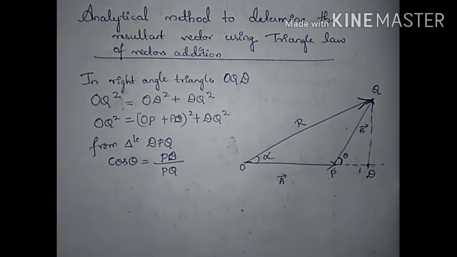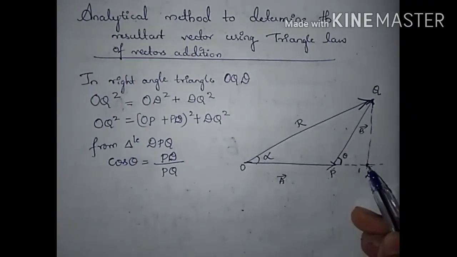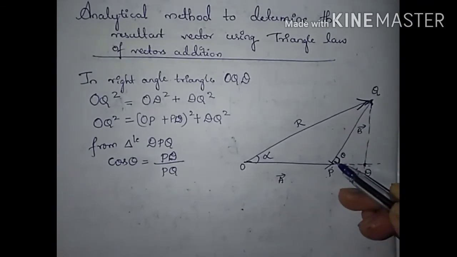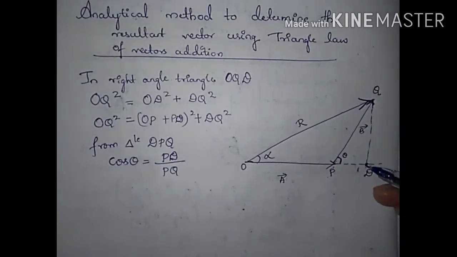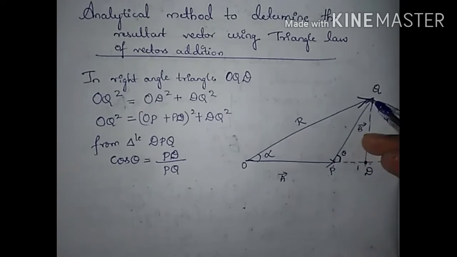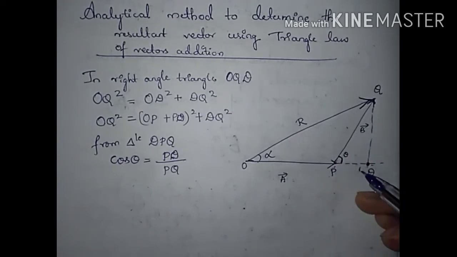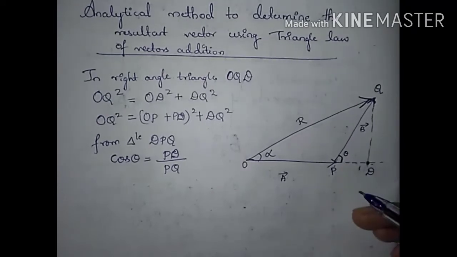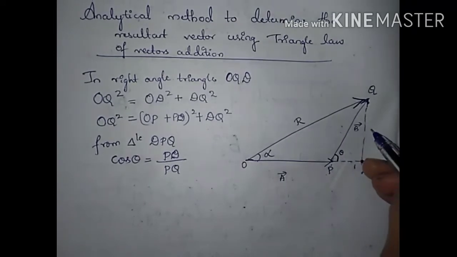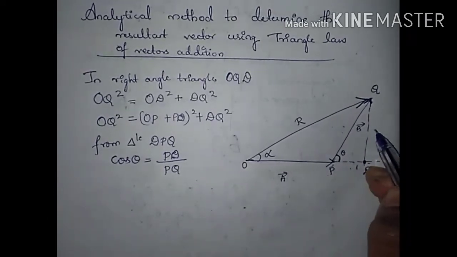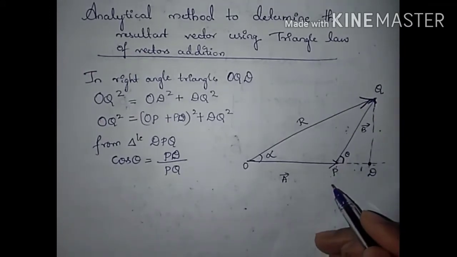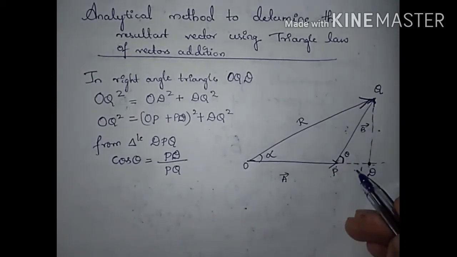So this is the opposite side, this is the adjacent side, this is the hypotenuse of the triangle. So cos theta can be written as adjacent by hypotenuse, sin theta can be written as opposite by hypotenuse, and tan theta can be written as opposite by adjacent.